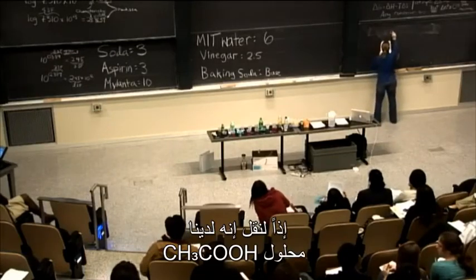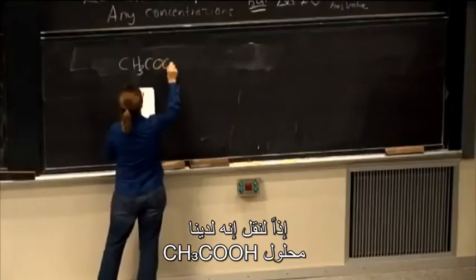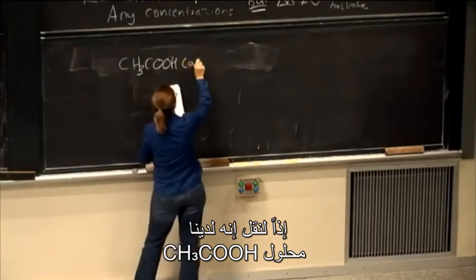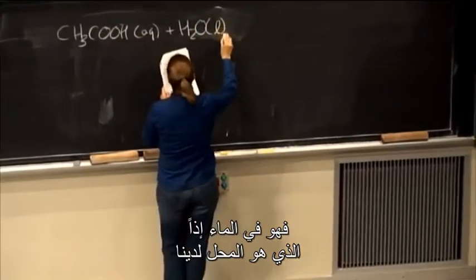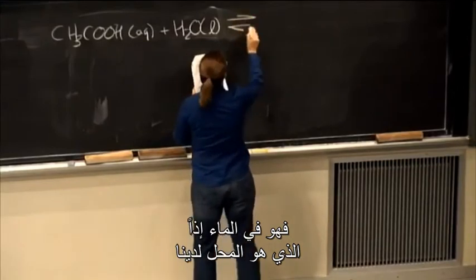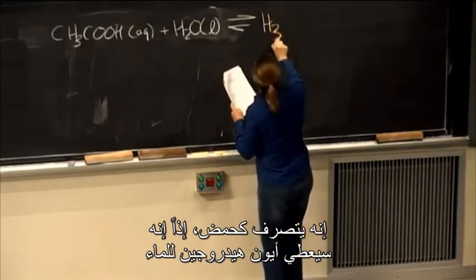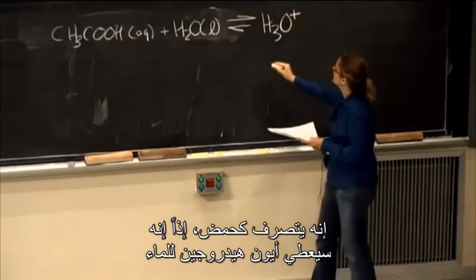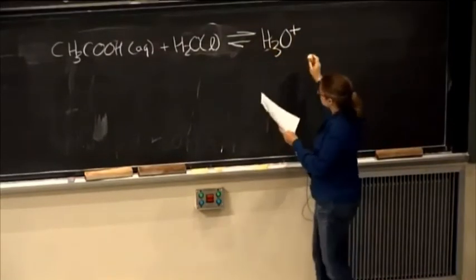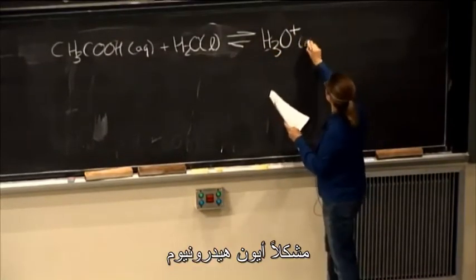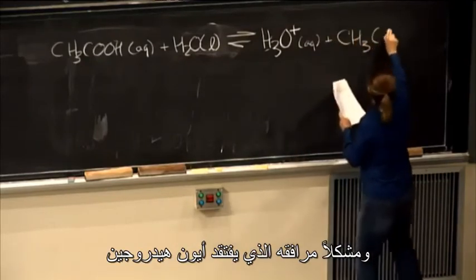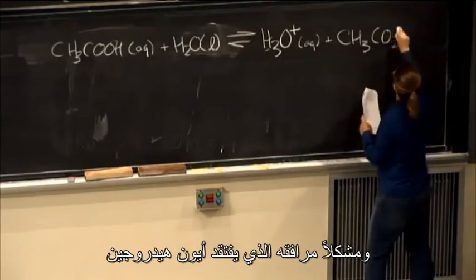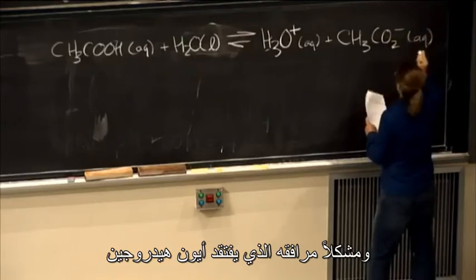Say we have CH3COOH, aqueous. So it's in water, which is our solvent. It's acting as an acid, so it's giving off a hydrogen ion to water, forming hydronium ion, and forming its conjugate base, which is missing its hydrogen ion.